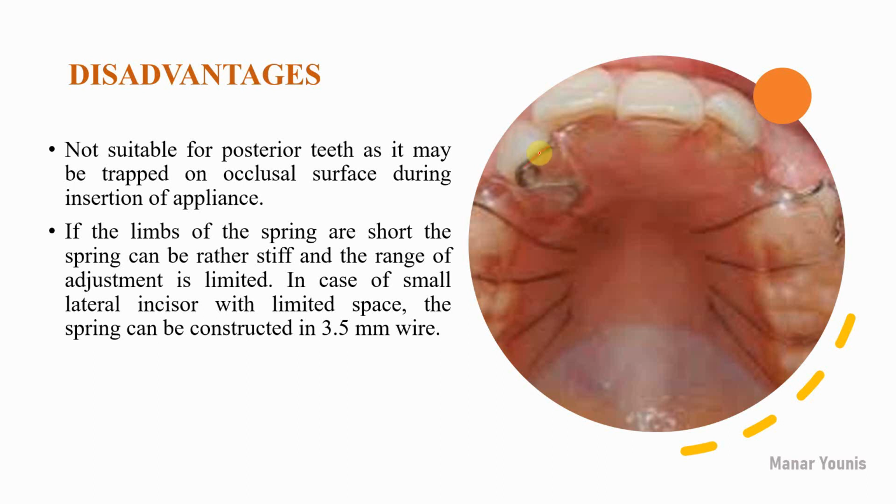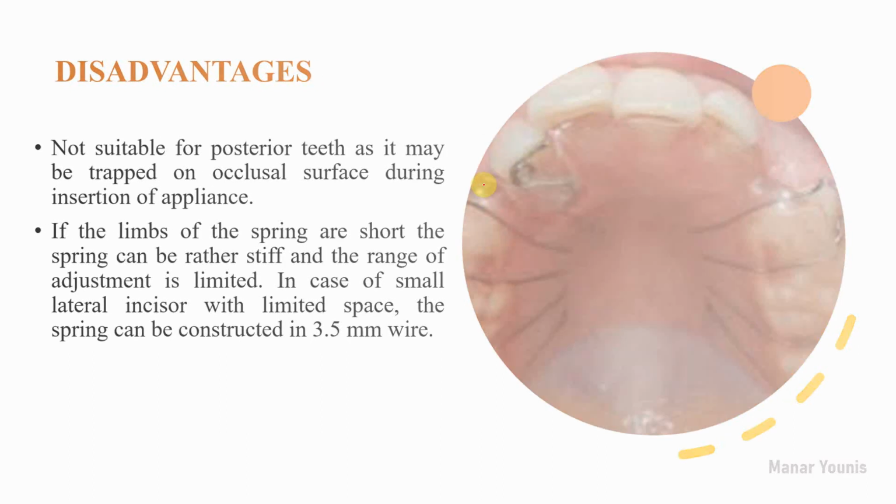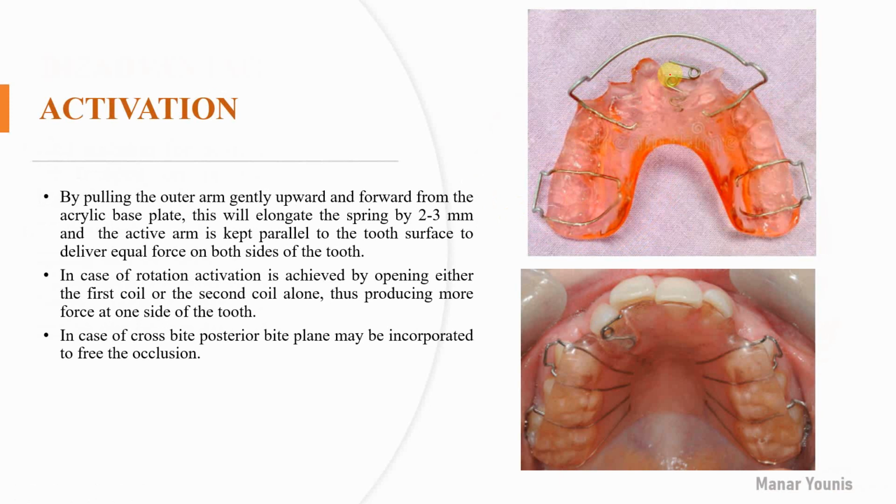This will make the spring too stiff. If the limbs are too short, then the spring will become stiff and the adjustment will be difficult and limited. So it's advisable in case of small lateral incisor with limited space to construct the Z-spring using a smaller diameter stainless steel wire. How to activate the Z-spring?